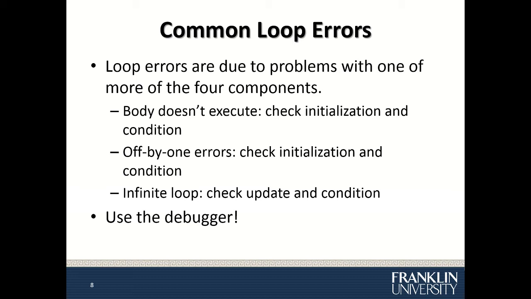Infinite loops or loops that don't get executed at all also happen. How do you troubleshoot those types of problems? Well, if you cannot see the problem, use a debugger. Watch how the loop variable value changes as the loop executes, and check whether the loop variable is correct as it executes.